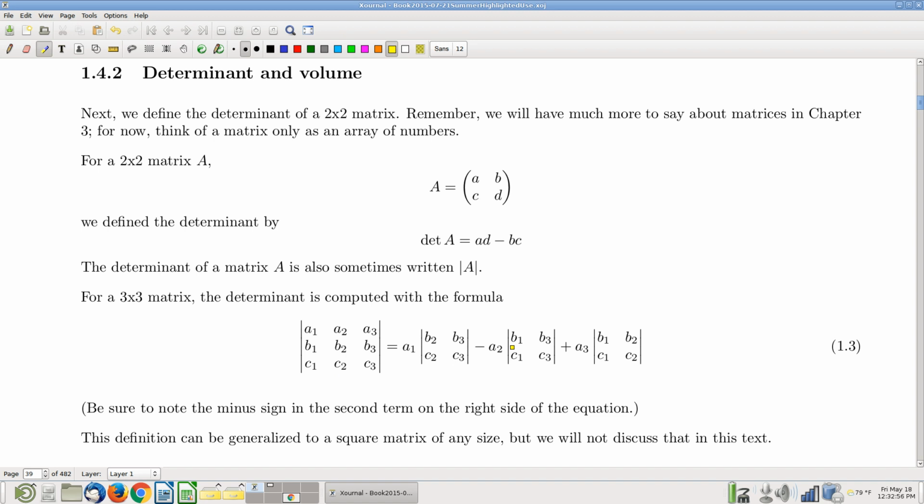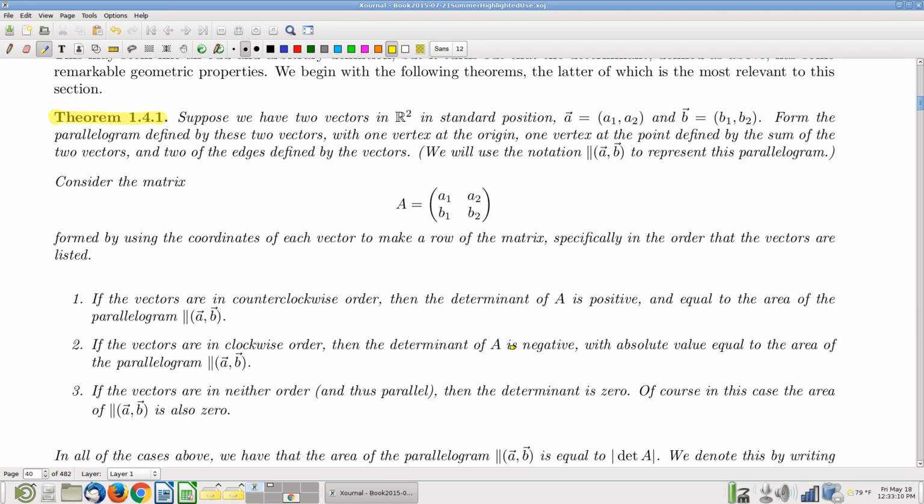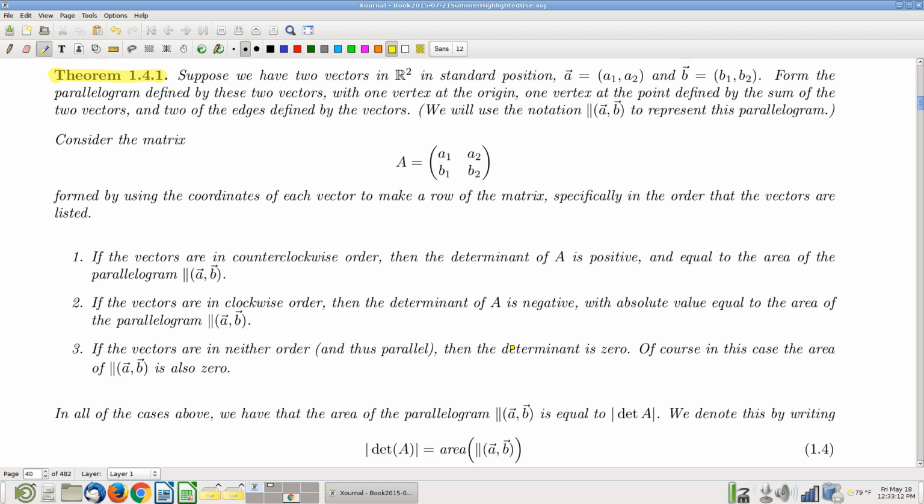Okay, it seems like an arbitrary formula. Again, it seems like it's far too simple to possibly be meaningful in any interesting way, and yet it does some pretty remarkable things for us. Here's the first thing that it does. There's a big theorem. It takes quite a bit of space to state this theorem. Let me tell you what this theorem is really doing, though.